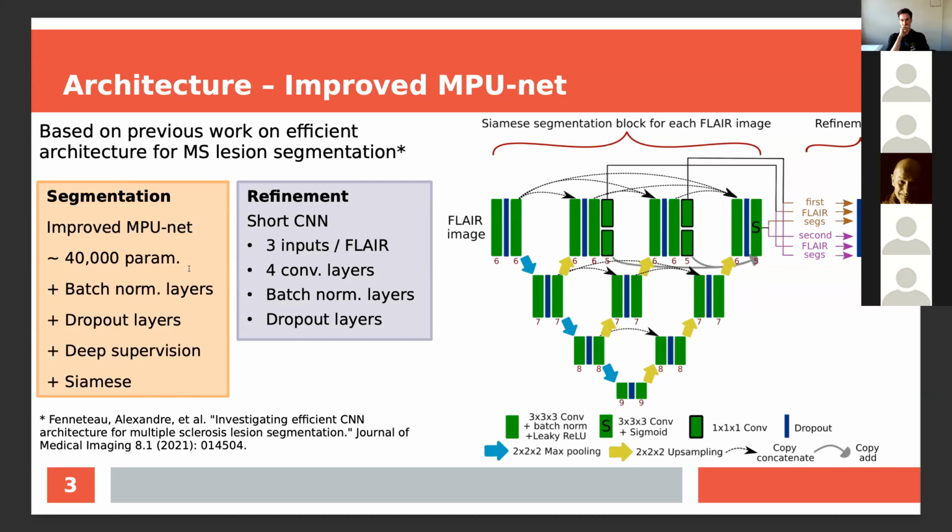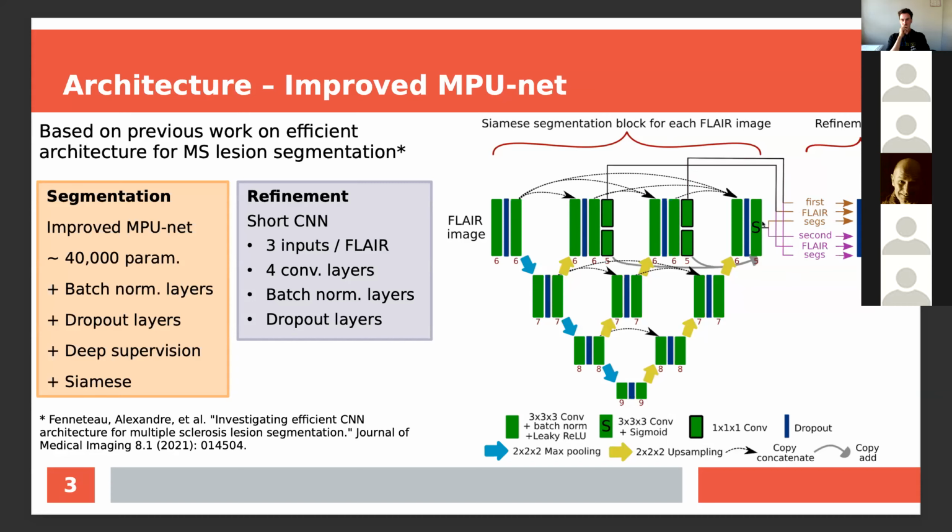Inspired by the UNet++ architecture, we also add deep supervision, which means we need multiple decoders at multiple levels of the neural network to make segmentations at different levels. Then all those segmentations are concatenated and given to the final segmentation, but also to the refinement block.